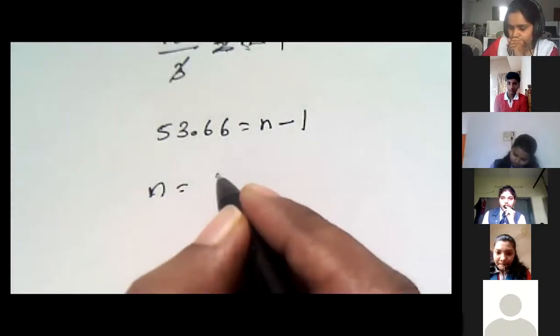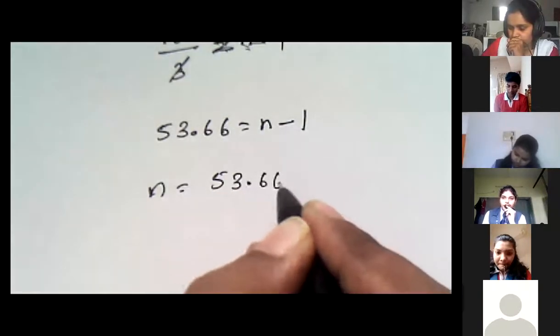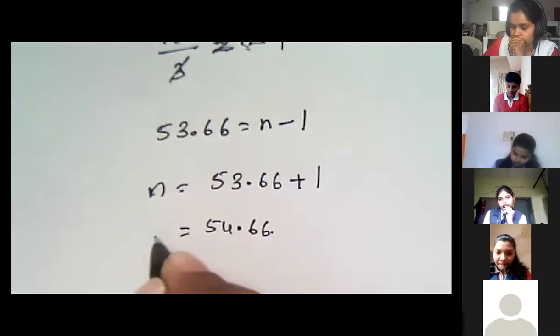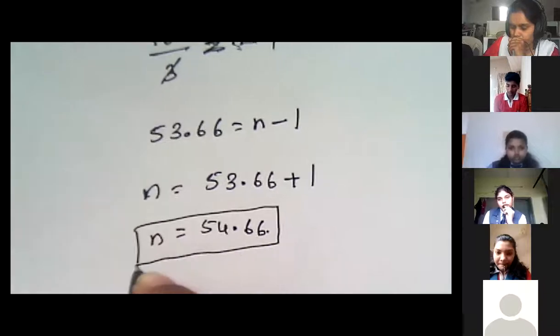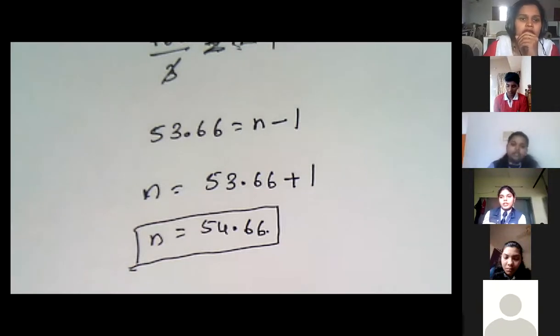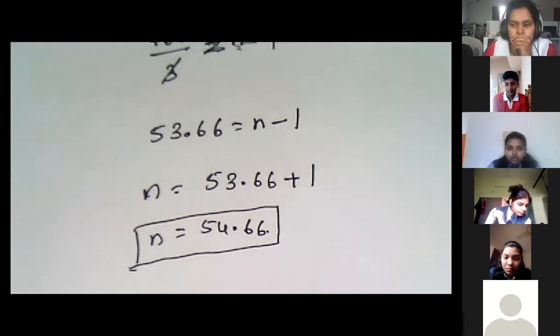Now n equals, what will be the value of n? 53.66 plus 1, that is 54.66. Now what's your conclusion? Tell me. No, it is not a term of the AP. Why? What's the reason? Because it's not a whole number.